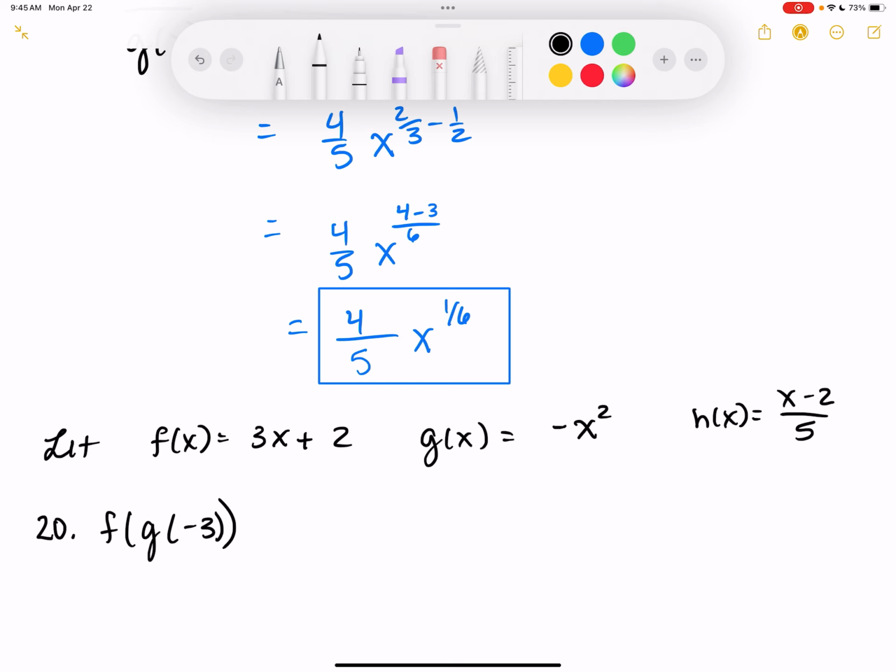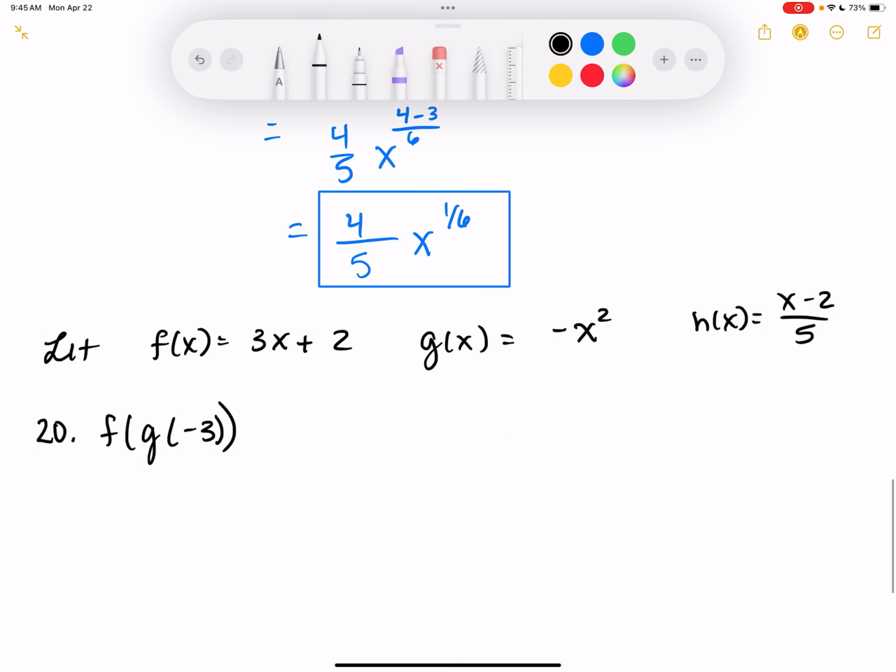Just looking at the g of negative 3 part for the moment, I am going to plug in negative 3 for x. So I've got negative times negative 3 squared.